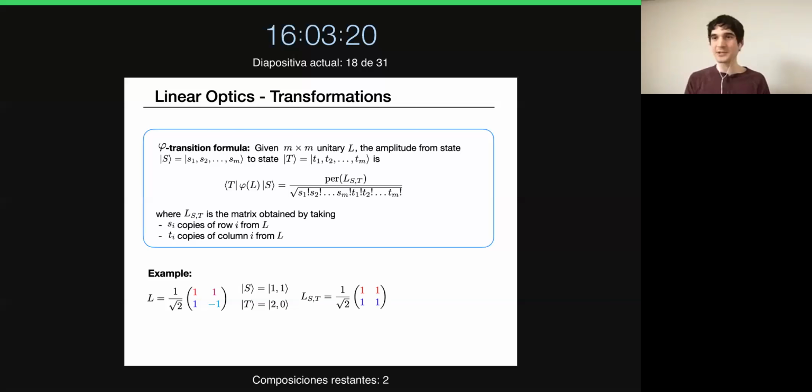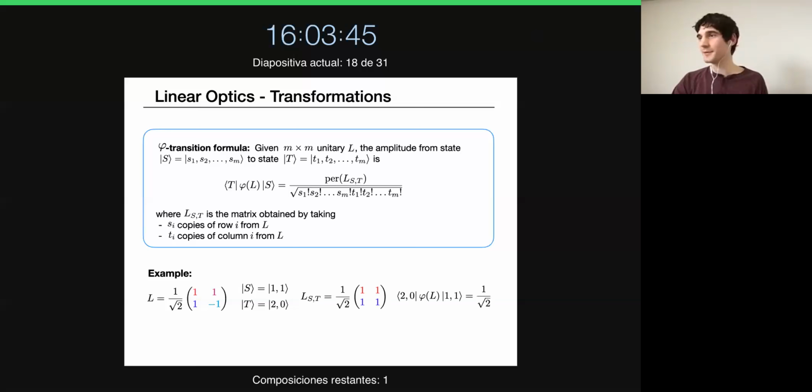Then this matrix LST is the matrix that we get by taking the first column twice. So now we have the first column twice, and the permanent of this matrix LST is 1. And so after normalization, we see that this transition amplitude in the linear optical network is 1 over square root 2, which is exactly what we derived on the previous slide.